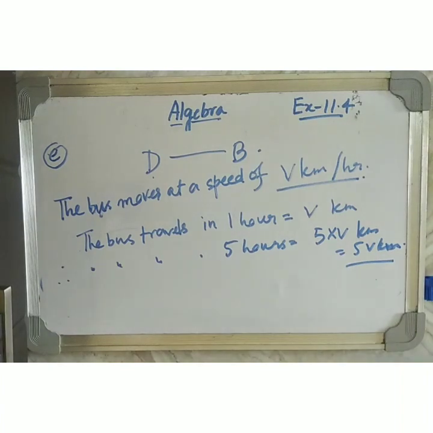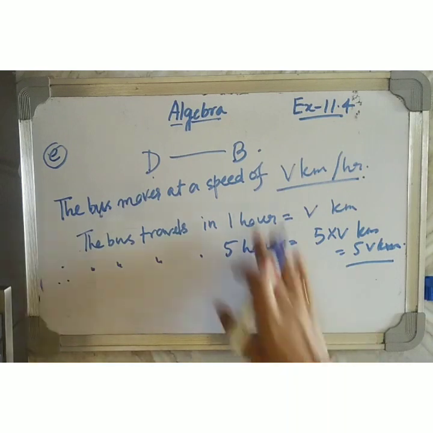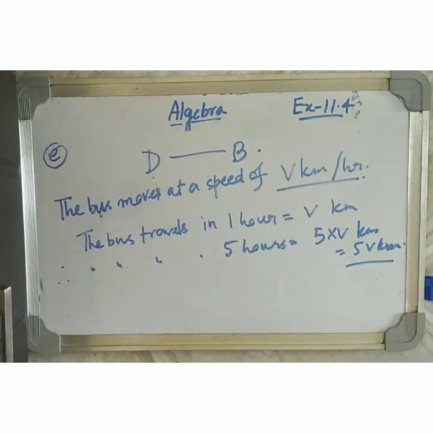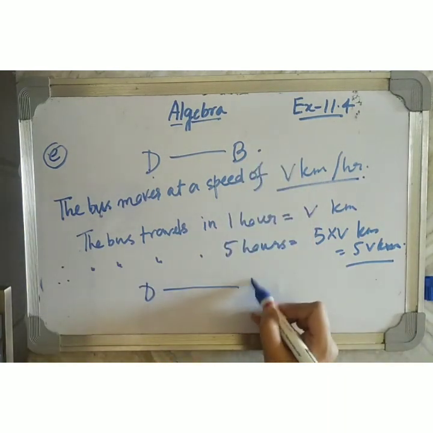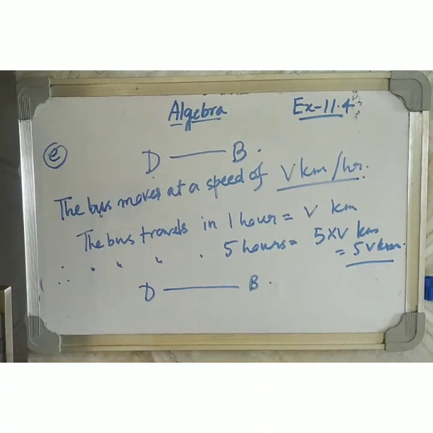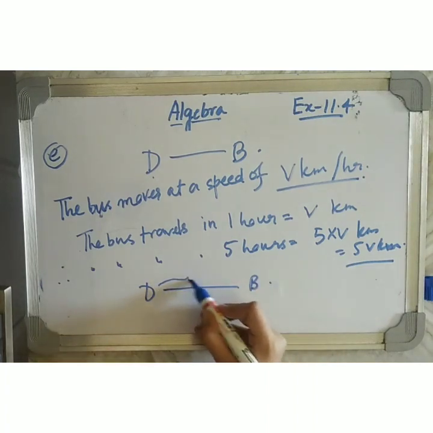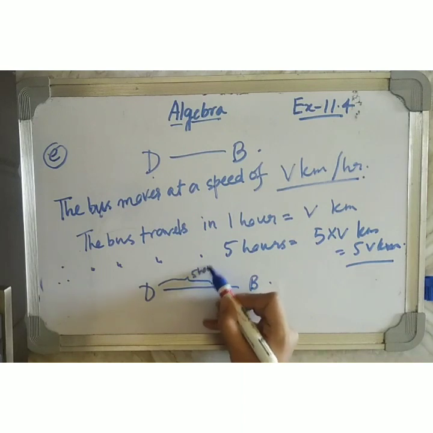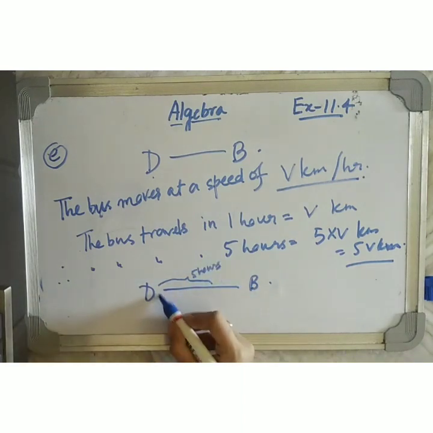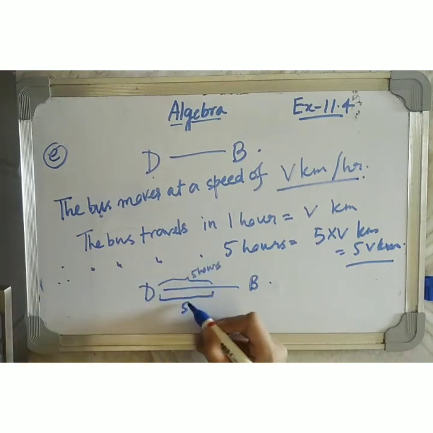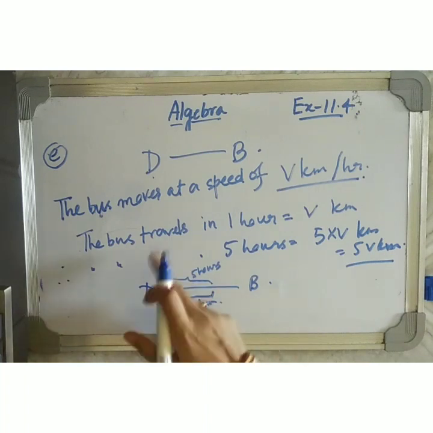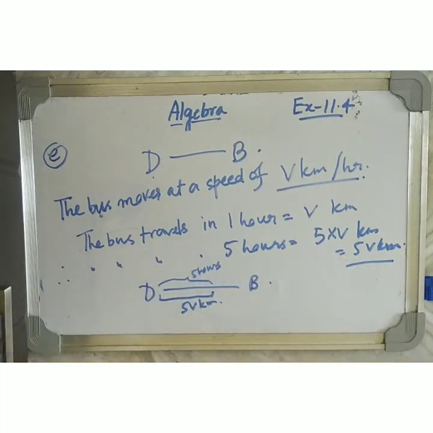Now in the question it is written that still 20 kilometers is away from Bispur. So from Dashpur to Bispur it has started traveling. The bus has travelled for 5 hours and it has already travelled 5v kilometers.